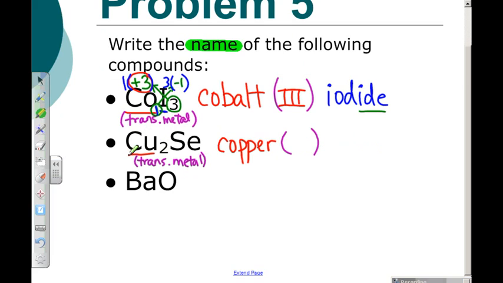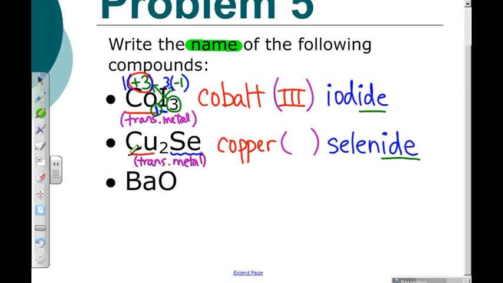Let's name the other half of our compound here. This is Se. Se is the element selenium. In this case, remember, like with all nonmetals, we have to change the ending. So I'm going to drop the IUM ending that you find on the periodic table and make it an IDE ending. Now I need to figure out the Roman numeral.